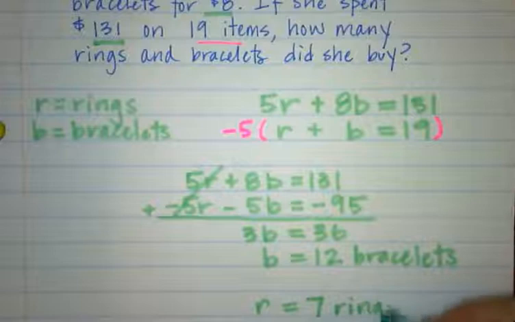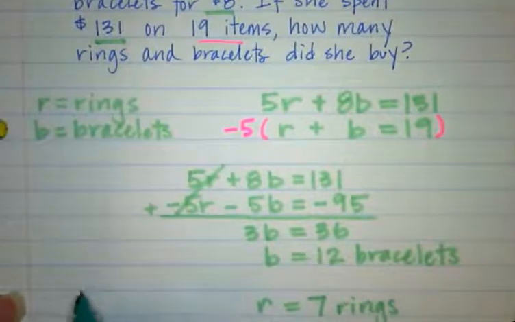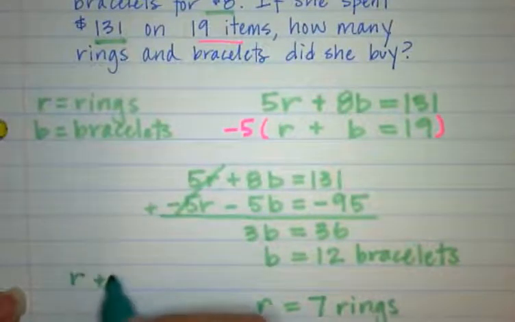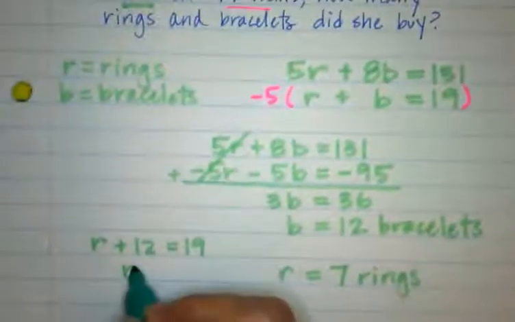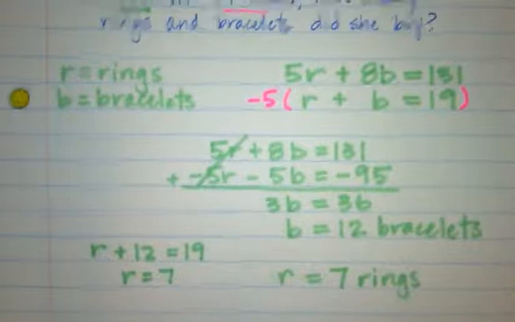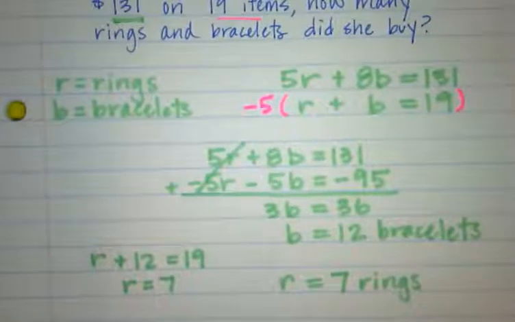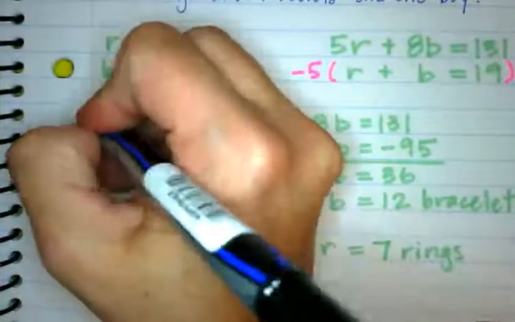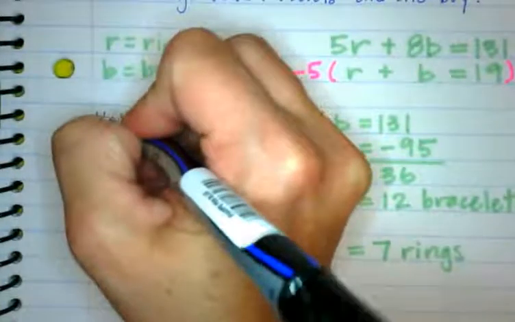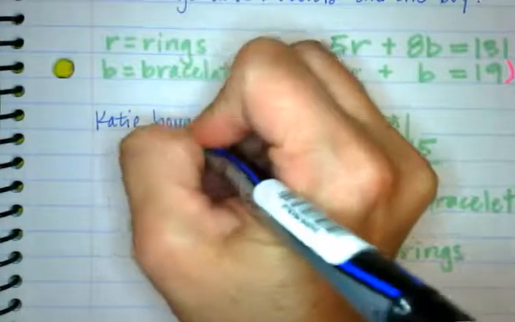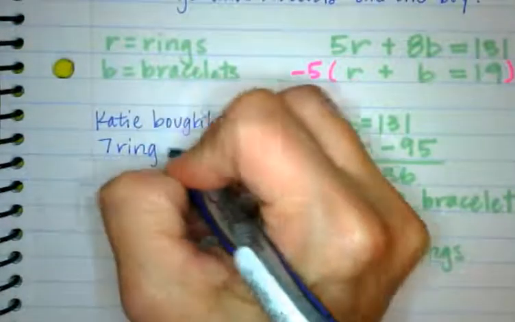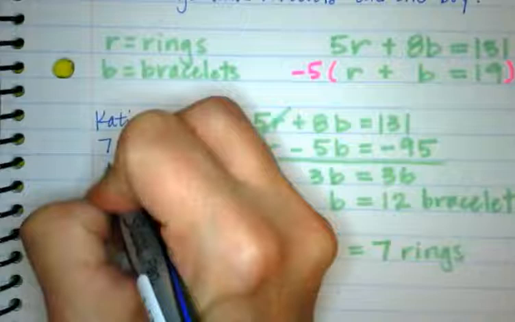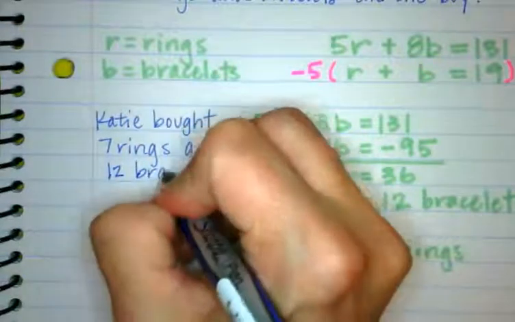What I did there was r plus 12 equals 19, so r has to equal 7. To summarize and answer the question, Katie bought 7 rings and 12 bracelets.